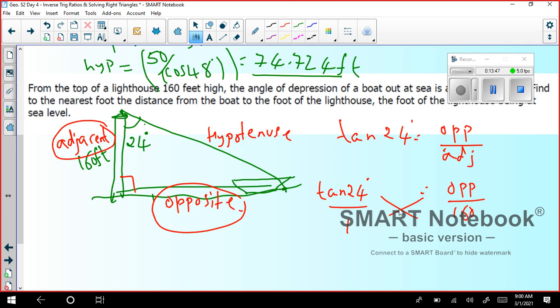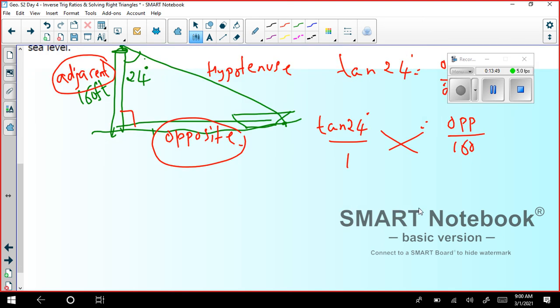So you will get opposite equals 160 times tan 24 degrees. Now use your calculator. Make sure the mode is in degrees if you are using Texas Instruments. Otherwise, if it is in radians, you'll get the wrong answer.